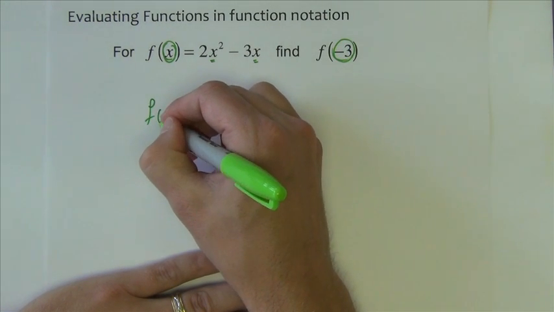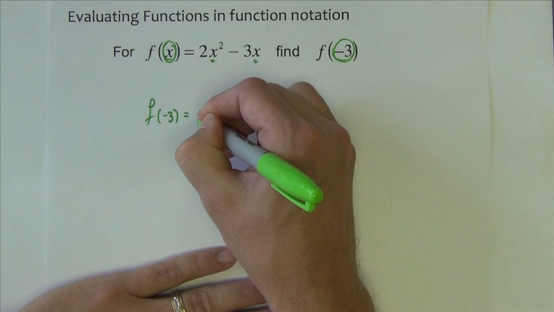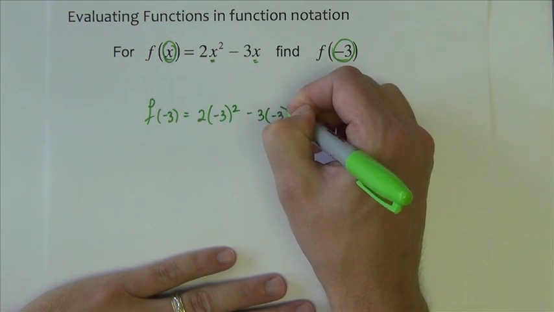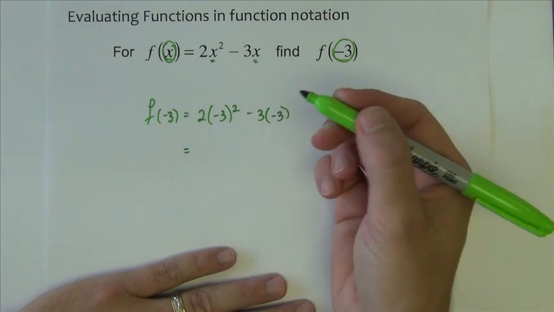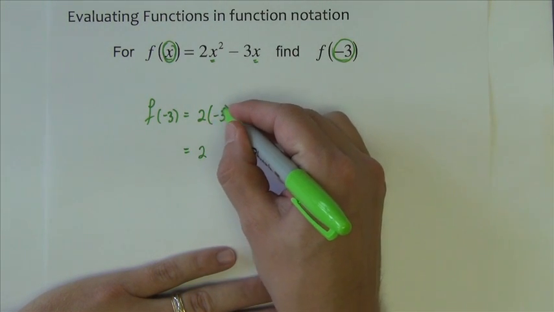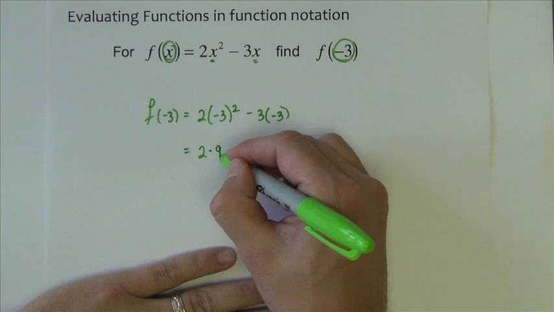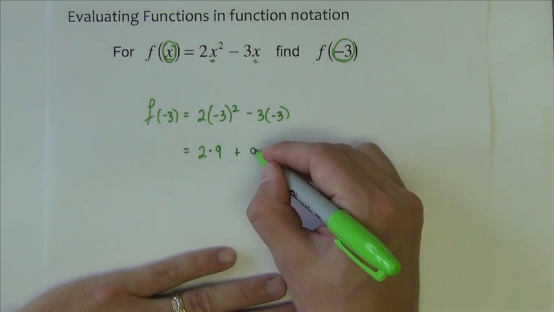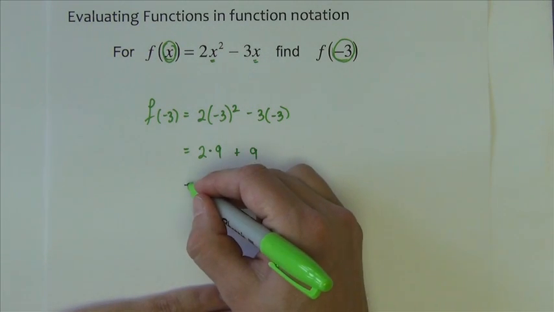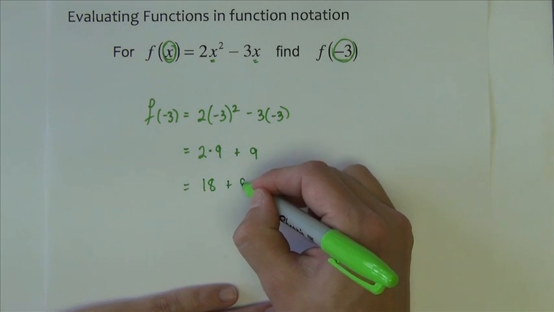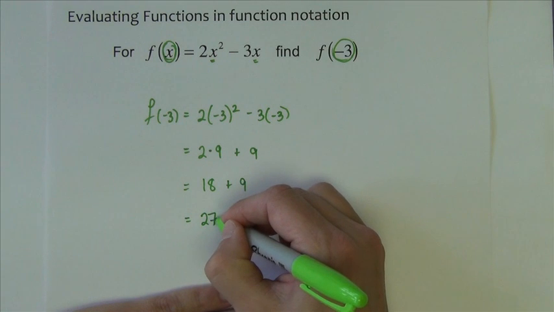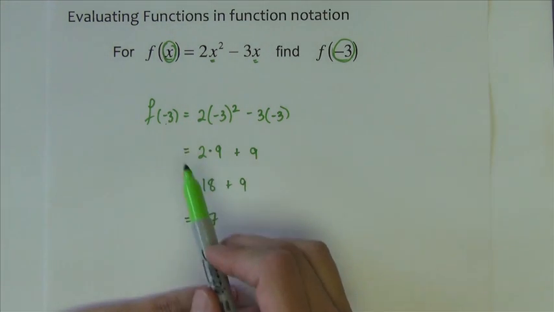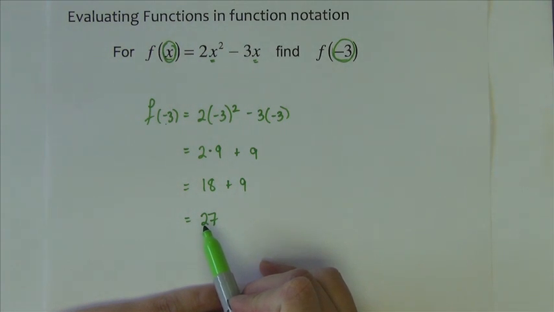So if I want to find f of negative 3, it's 2 times negative 3 squared minus 3 times negative 3. Now we work order of operations. Power gets done first, that's 2 times 9. Negative 3 and negative 3 multiply to positive 9. So I'm going to multiply first, I get 18 plus 9, which is 27. So f of negative 3 is 27.